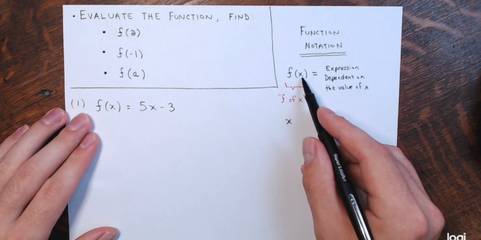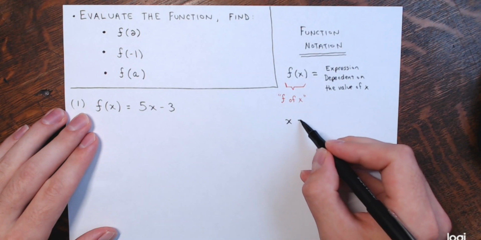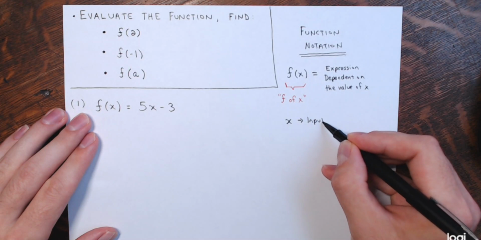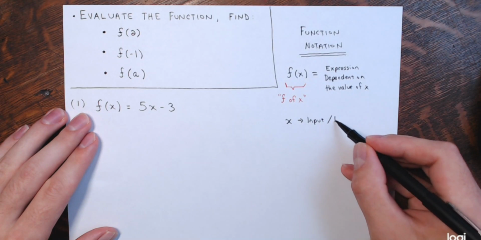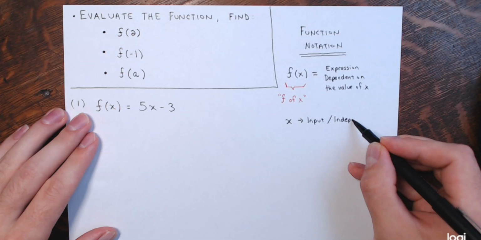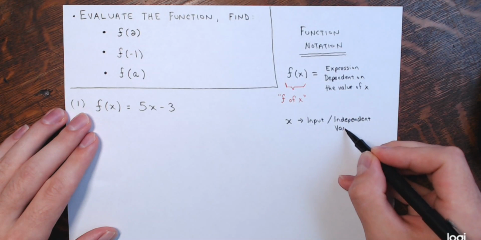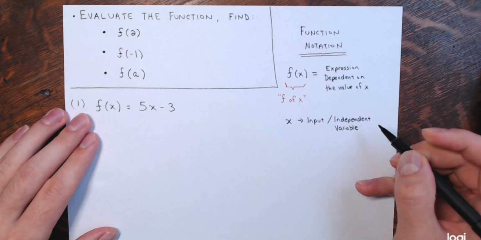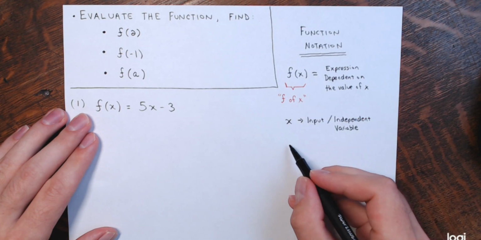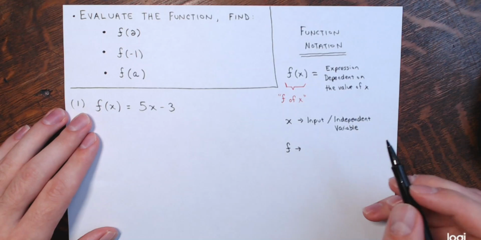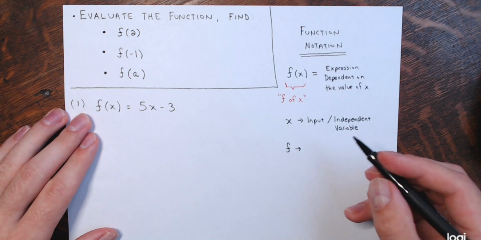When you see an f of x like this, x is the input variable or independent variable. F, the letter in front of the parentheses, is just the name of the function.